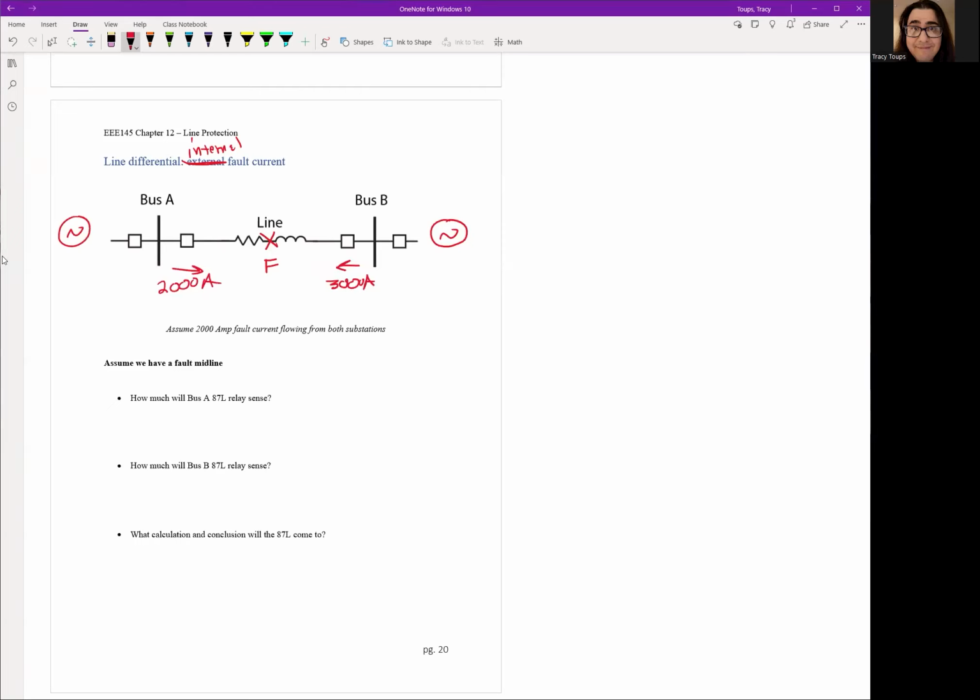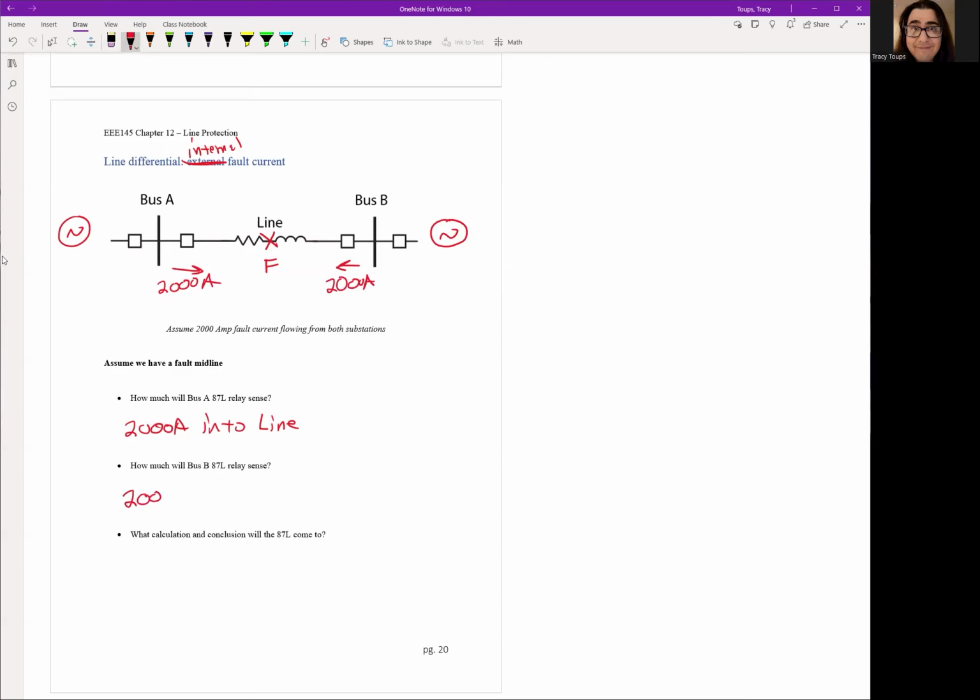So how is this differential relay going to operate? Well, first off, the relay at bus A is going to see 2,000 amps into the line, which is normal, right? So I see 2,000 amps coming in. I expect 2,000 amps flowing out on the other side. Sorry, that's a 2, not 3. But I don't. I see 2,000 amps flowing in as well.